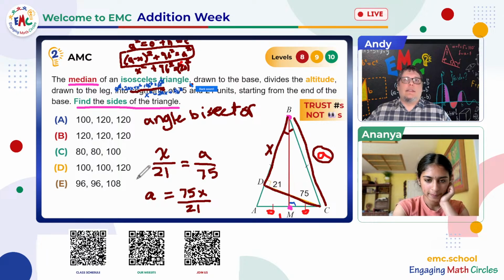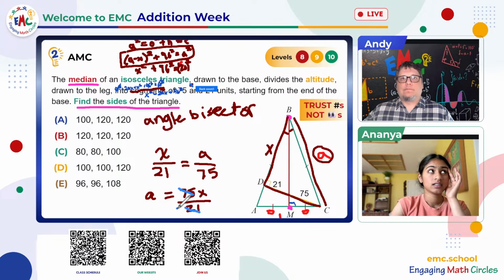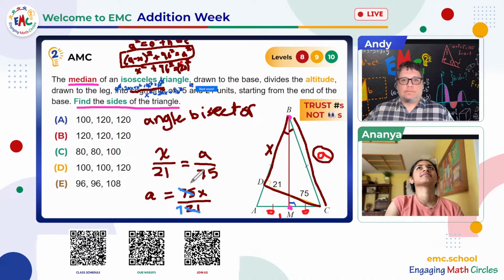We can simplify that a little bit. Divide by 3. It's 7 on the bottom and 25 on the top.